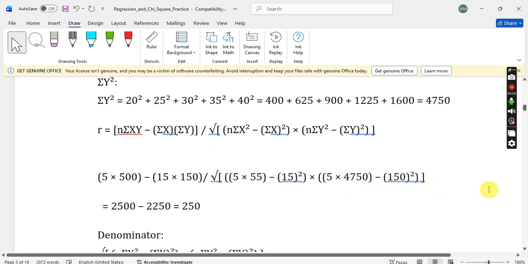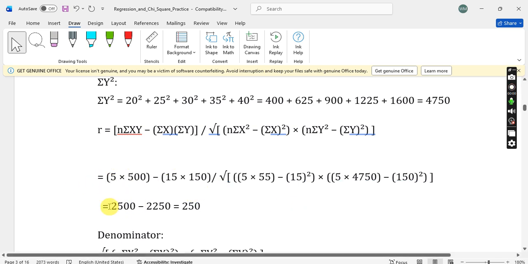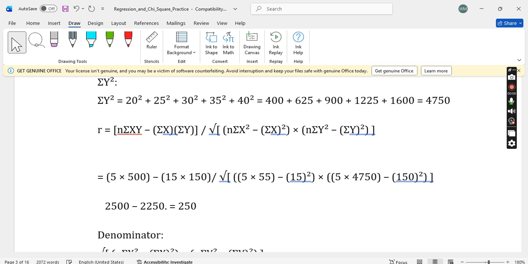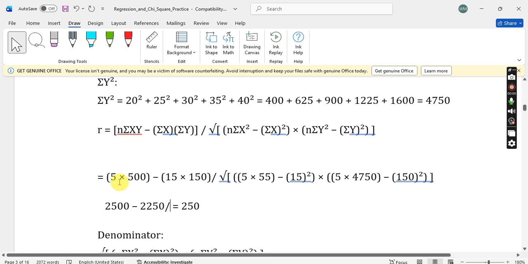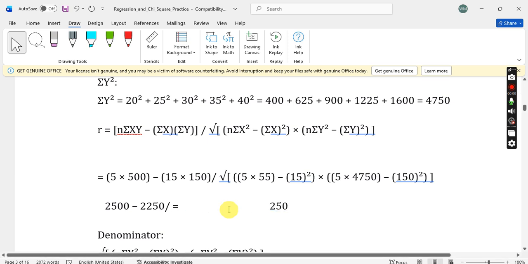You do your tabulation. On the numerator, you get 5 times 500, 2500, minus 5 times 15, 2250. This answer, let me move it aside.